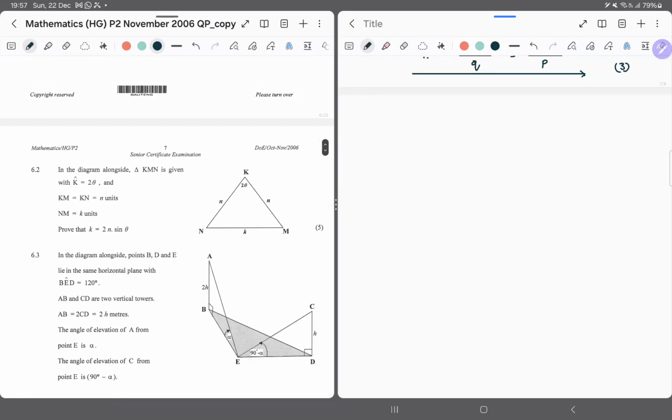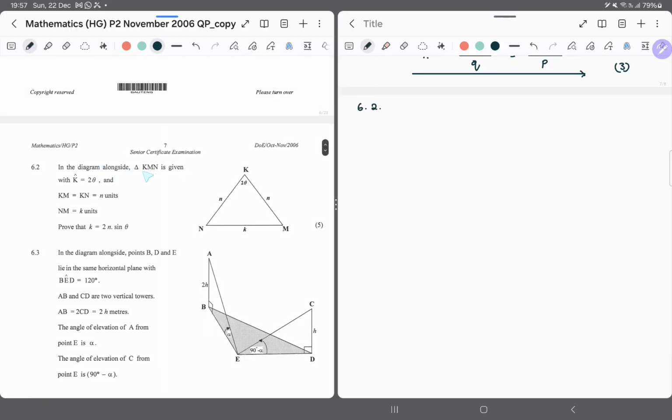So 6.2. Okay guys, I hope you're enjoying the lesson. Now in the diagram alongside, triangle KMN is given with K as 2 theta, already indicated, and we are told that KM is equal to KN, and that is denoted by n units. Then NM is k units, not a problem.